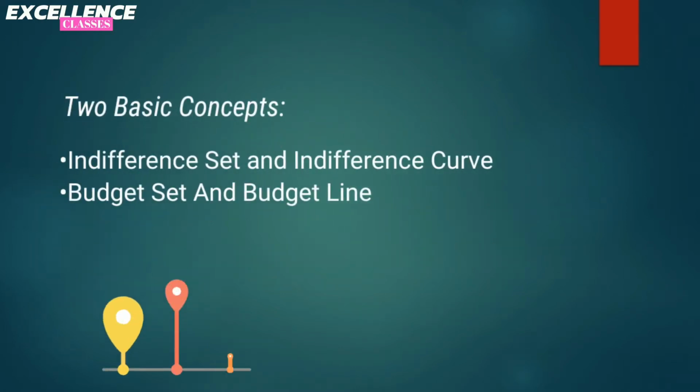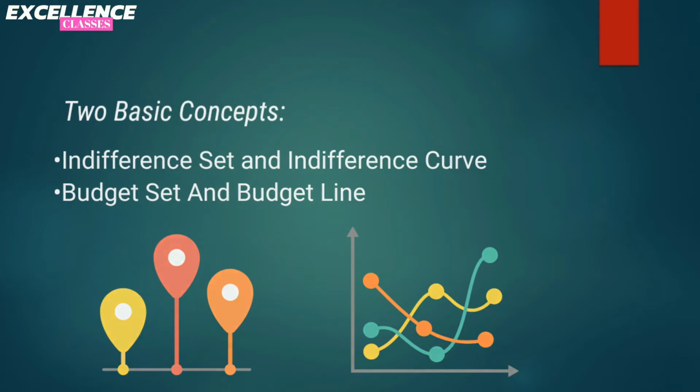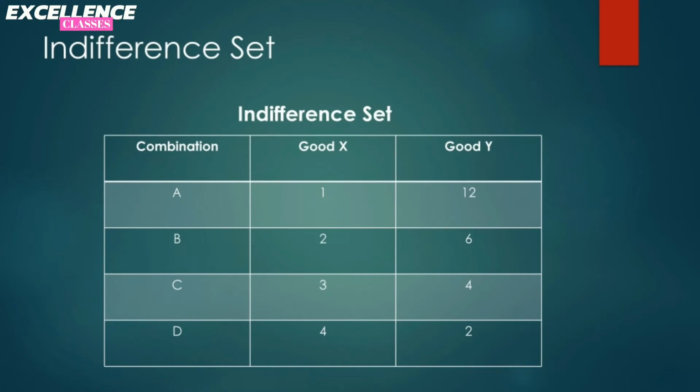Before jumping on Consumers Equilibrium, we have to understand two basic concepts. First one is indifference set and indifference curve, and the second one is budget set and budget line. Indifference set is a table which represents those combinations of two goods which offer the consumer the same level of satisfaction, so that the consumer is indifferent across all combinations in his indifference set.